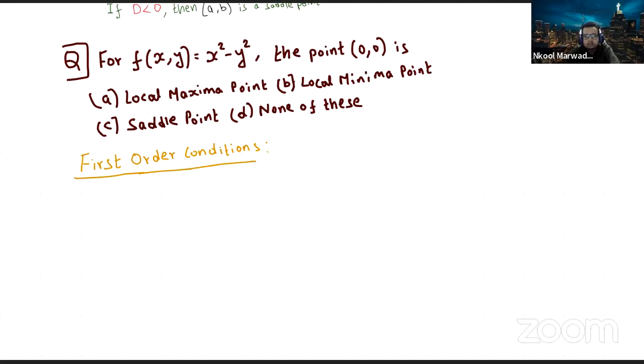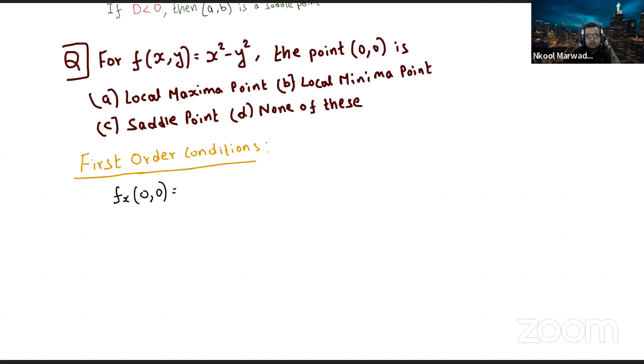So, first order conditions. In first order conditions, you get f of x at 0 comma 0, and f of y at 0 comma 0. That is the partial derivative of this function with respect to x.